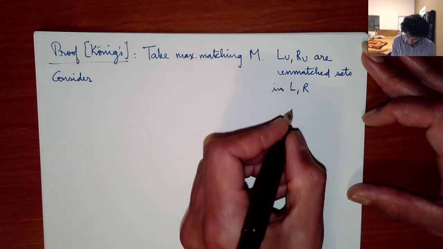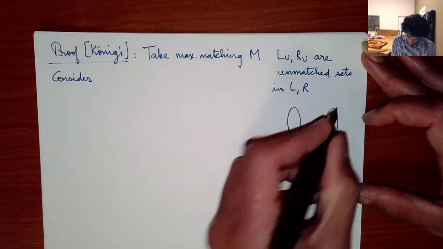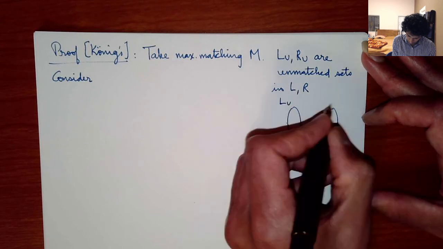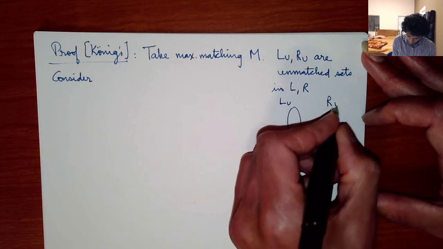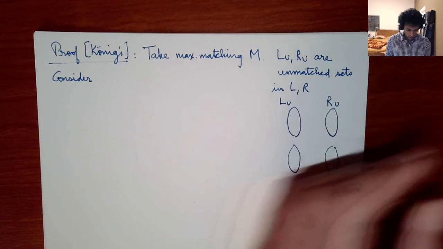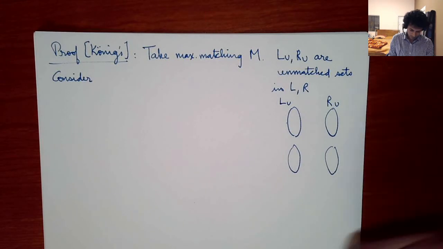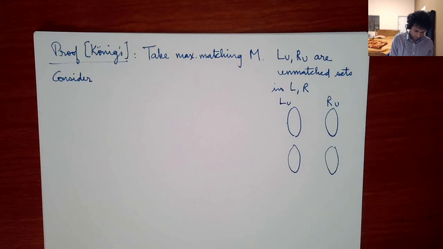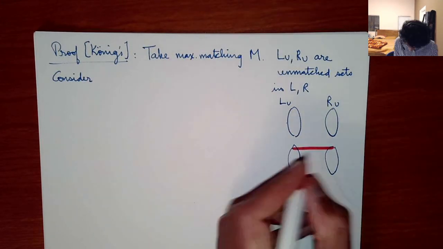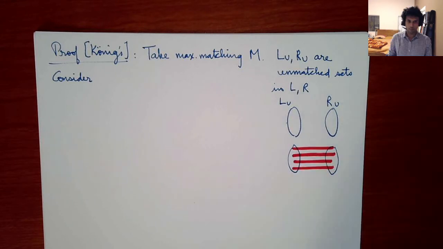The picture that we have is this is LU, this is RU, and we've got our matching, which we have colored in red. This is exactly what we were doing in Ford-Fulkerson, this sort of style of argument.